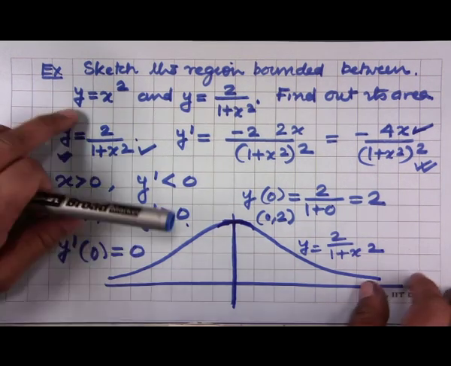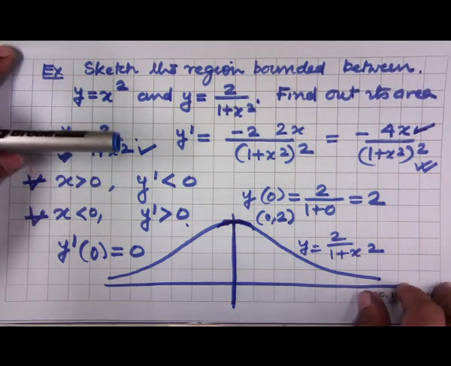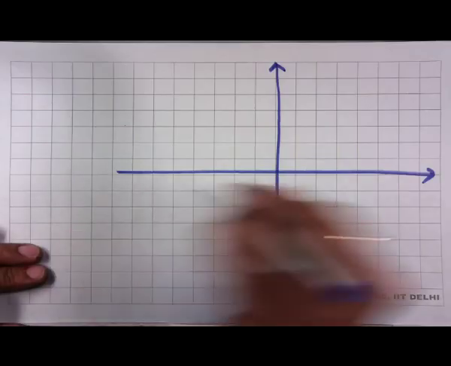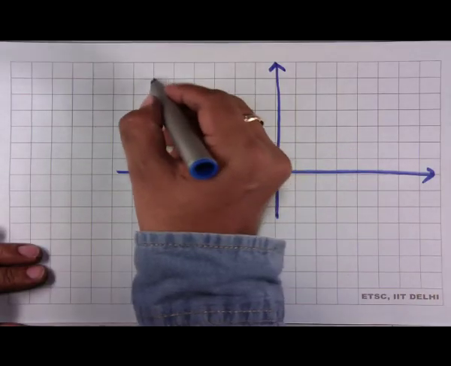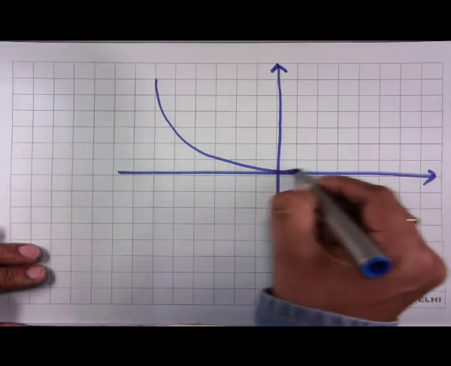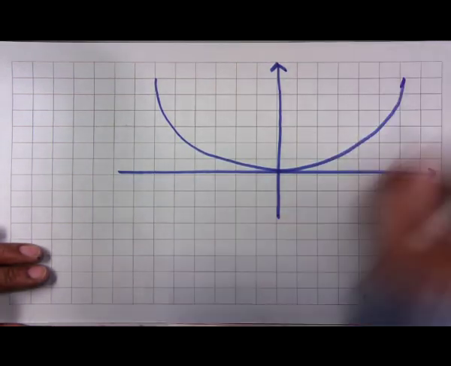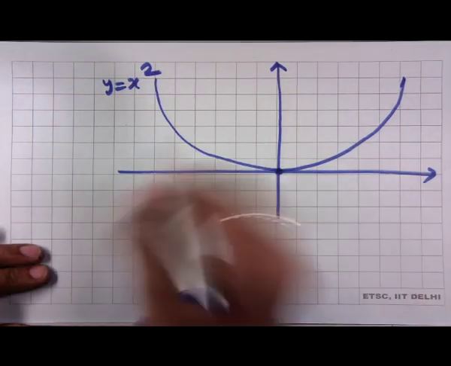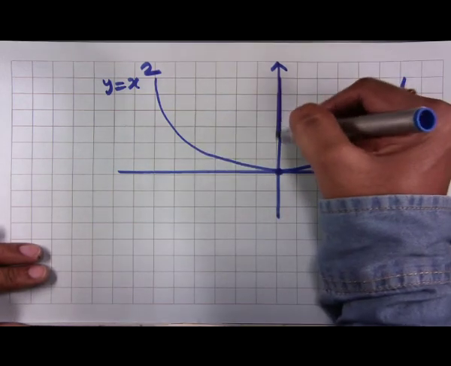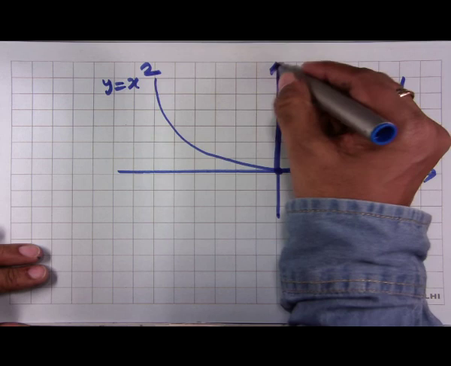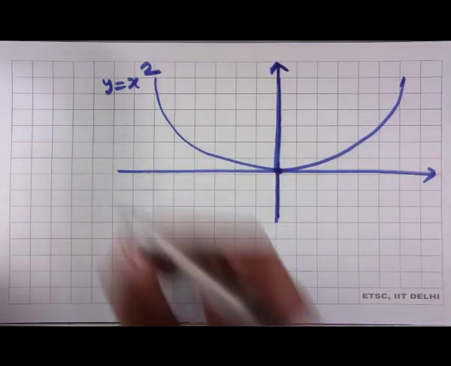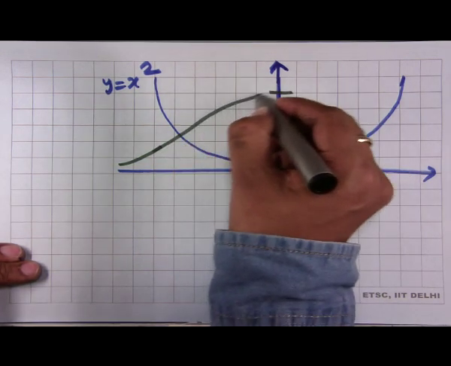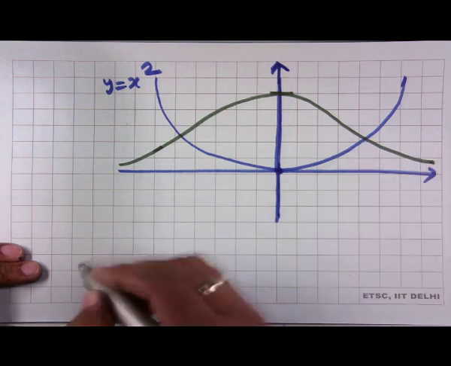Now, let us plot y equals to x square and y equals to 2 upon 1 plus x square. So, let us plot both curves in the same plane. So, your parabola y equals to x square has vertex 0 0, axis y axis, and the other curve is represented by this.